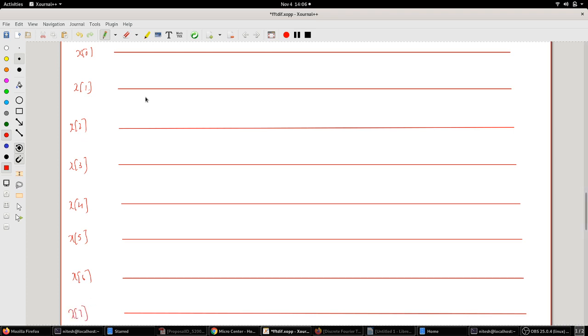Okay, so this is what you know about it, right? So first you take into consideration all 8 points, and then we slowly move towards the 2 points. We start off with the 8 points, and then we slowly move to the 2 points. The FFT structure will be looking something like this.